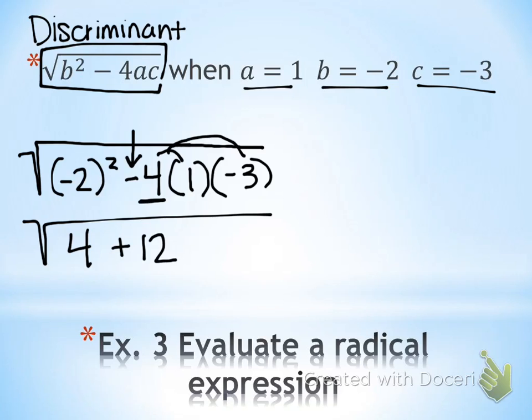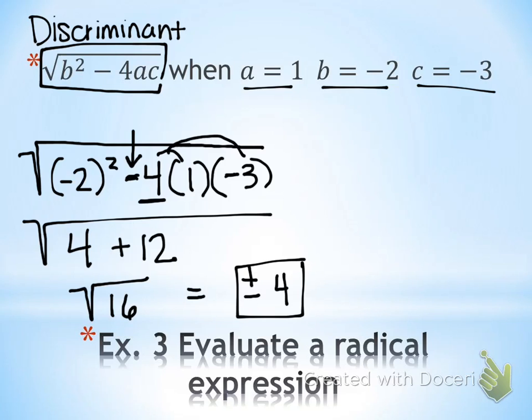So look what happens there. Just because you start out with a subtraction problem doesn't mean it's always going to be subtraction. If you've got an even amount of negative signs, it's going to change your answer to an addition problem. Okay? So what's 4 plus 12? Square root of 16, which is positive and negative 4. That would be your answer there.